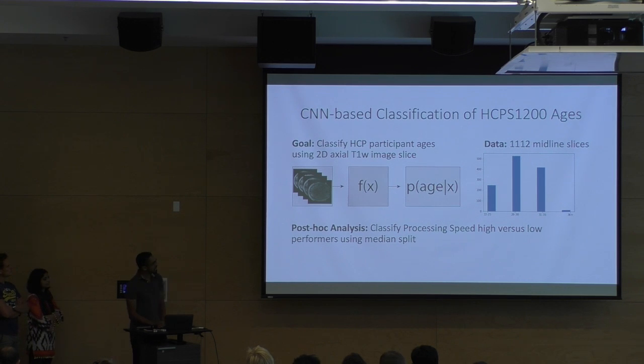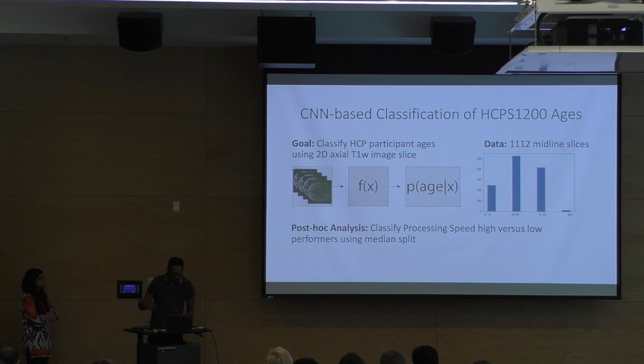The HCP data has some privileged access to their exact ages, but the non-restricted demographic information bins these patients into age ranges of 22 to 25, 26 to 30, 31 to 35, and 36 plus. So we just wanted to see if we could classify those simple age groups.